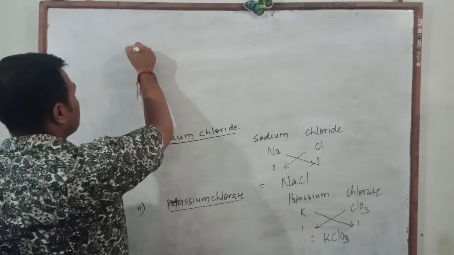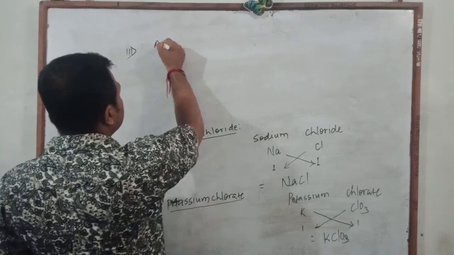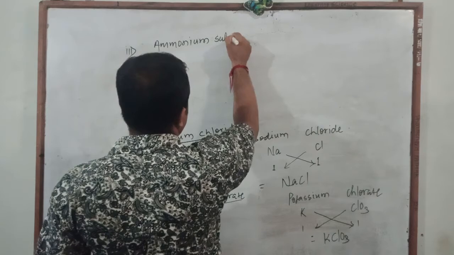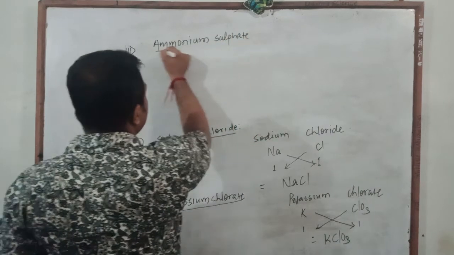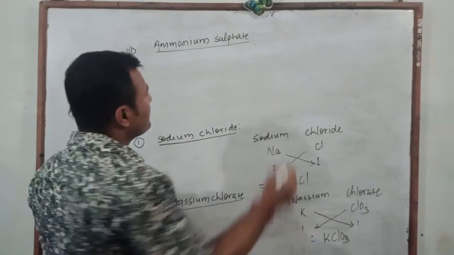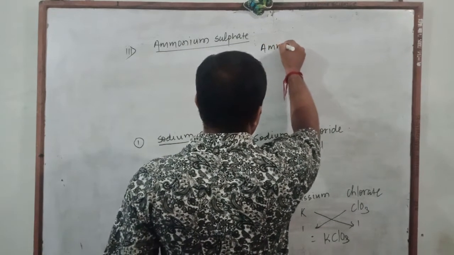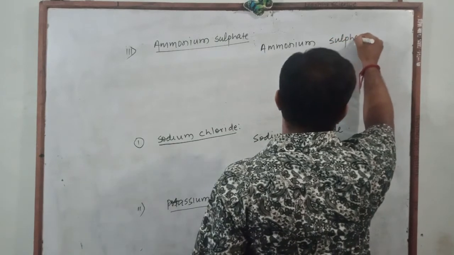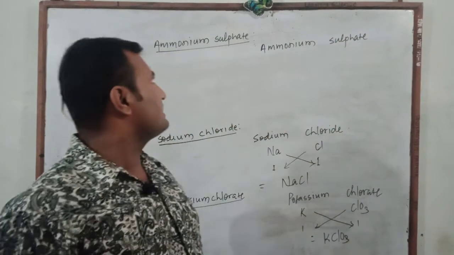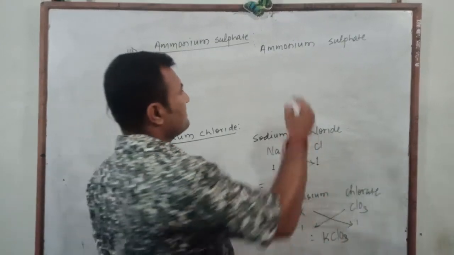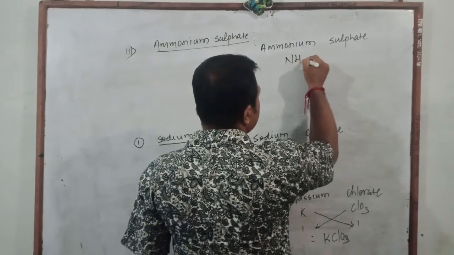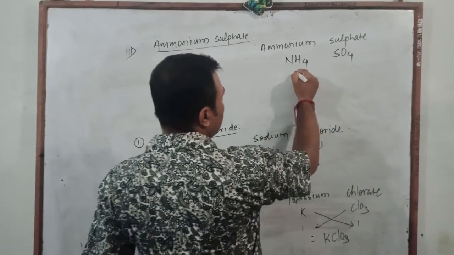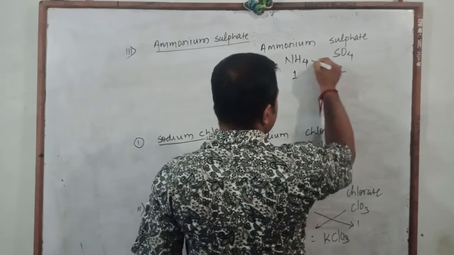Suppose the third is ammonium sulfate. Ammonium sulfate compound is also made up of two radicals, ammonium and sulfate. Symbol of ammonium is NH4, sulfate is SO4. Valency of ammonium is 1, sulfate is 2.